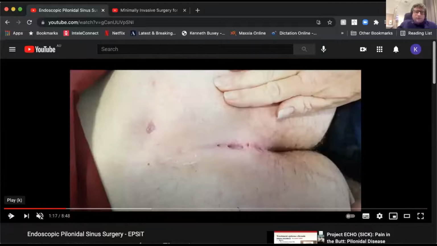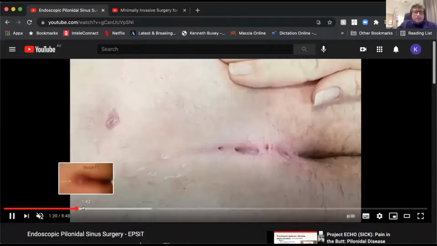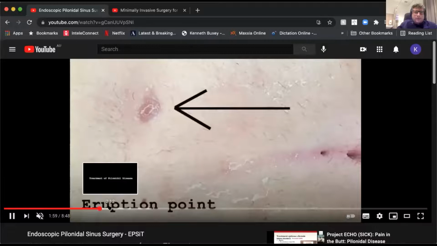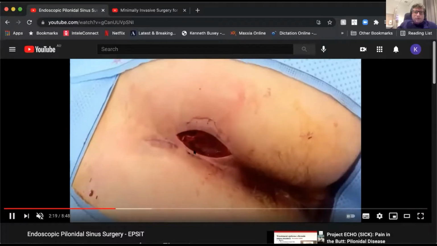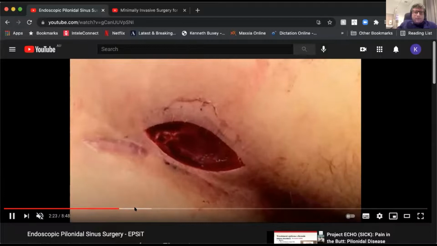So then these are typical examples of pilonidal disease. It's an example of a pilonidal abscess. That's where an abscess is previously discharged. So this is like a traditional approach of opening the wound.